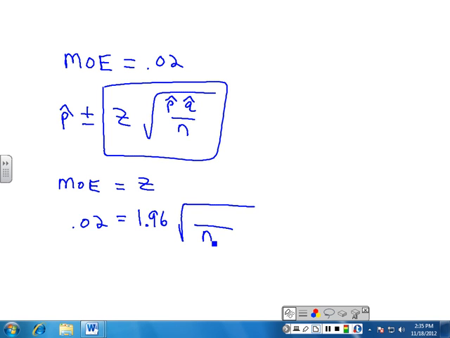When there is no pilot study, you should always use 0.5 and 0.5, because 0.25, the product of those, is the highest product of p and q that you can get. And so this is the most conservative estimate for sample size.